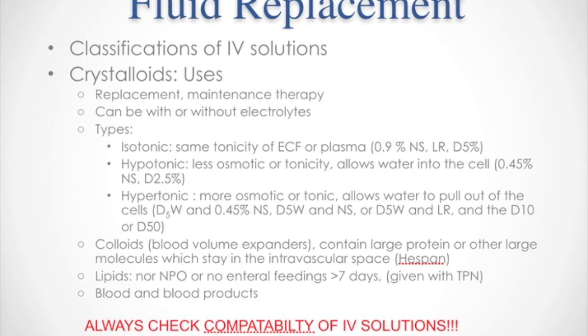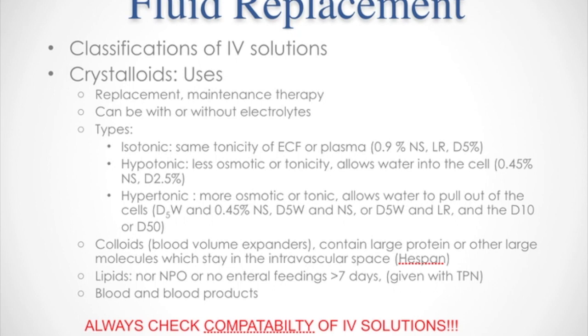As I mentioned, another category or classification is the colloids, and those are known as blood volume expanders because they contain large proteins and other large molecules which draw fluid into the intravascular space, and that boosts the circulating blood volume.